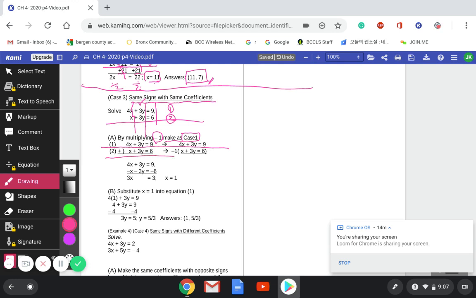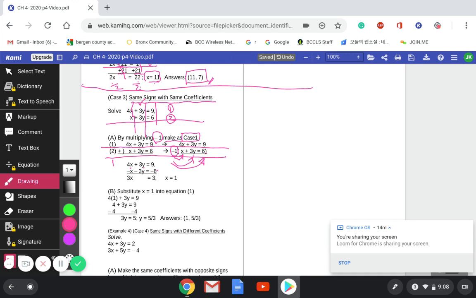The second one, you multiply by negative 1 just to change the sign of the same coefficient. But when you do that, you have to distribute negative 1 to all the terms inside the parentheses. So negative 1 times x is negative x, and negative 1 times 3y is negative 3y, negative 1 times 6 is negative 6.